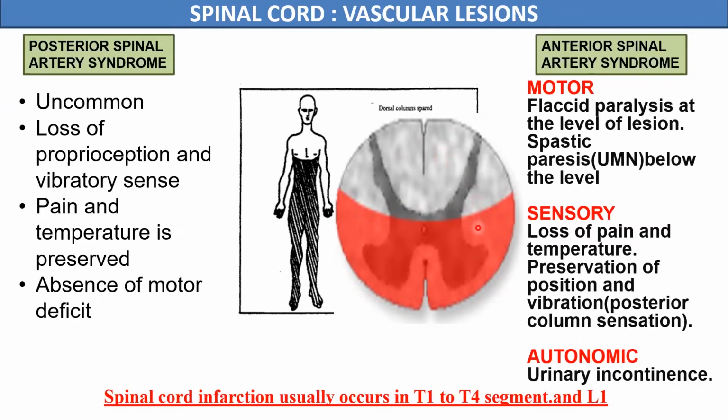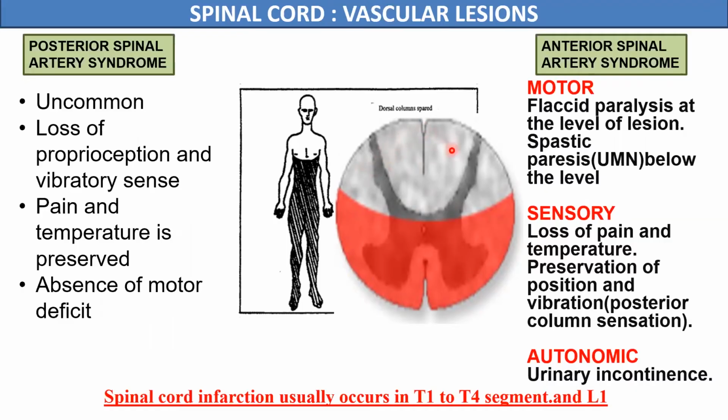So this is the anterior spinal artery syndrome, due to involvement of the anterior spinal artery and resulting in ischemia of the anterior two-thirds of the spinal cord, with bilateral loss of pain and temperature, but preservation of position and vibration sense.